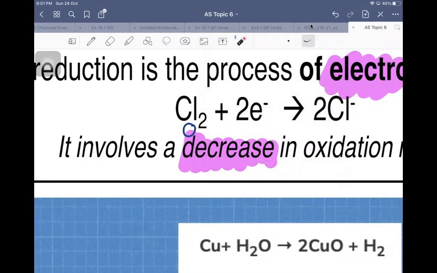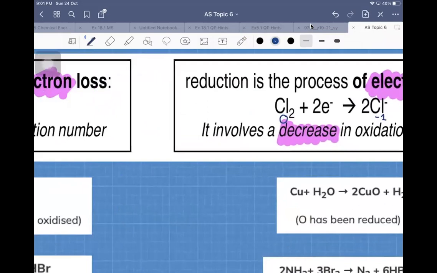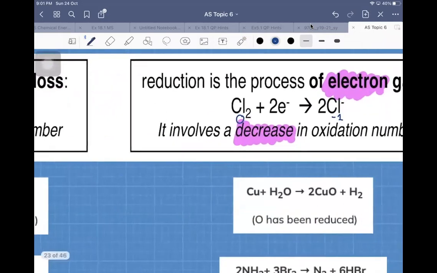Chloride ion follows rule number 3, where the oxidation number is the same as the charge on the chloride ion. That's -1, right? But don't forget, I have 2 lots of chloride ion, so I have to multiply it by 2.